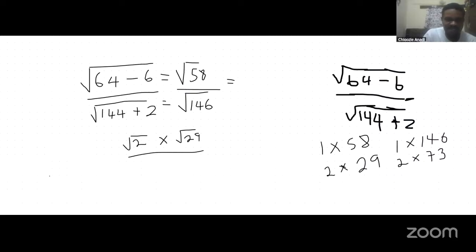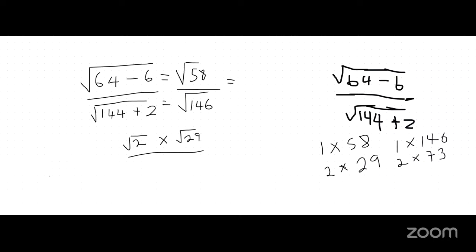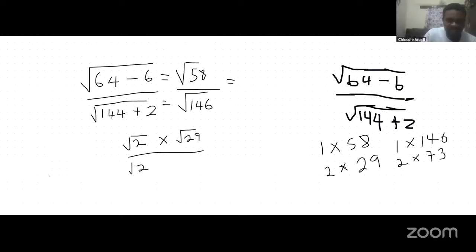So I'm coming here to write this: it is going to be root 2 times root 73. Now obviously this root 2 cancels out, so we are left with root 73 over... root 29 all over root 73.